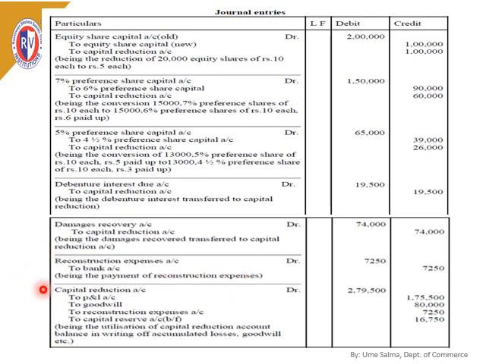And the next, the capital reduction account is now shown as 2,79,500. How has this amount been arrived at? We have to add all the capital reduction account figures shown in the journal entries, like 1 lakh rupees, in the second 60,000, and another amount we have received towards capital reduction, 26,000.